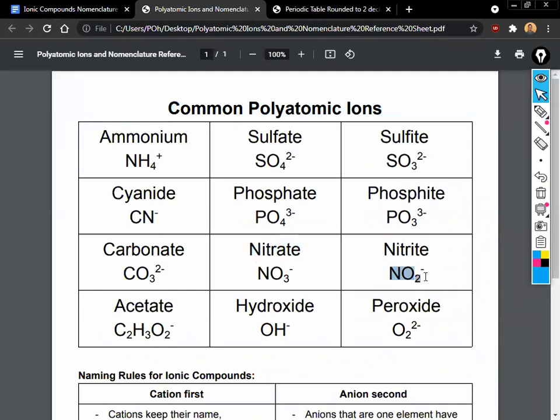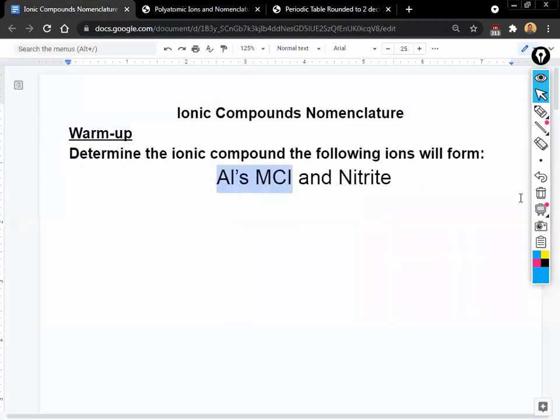Nitrite is NO2, and the charge on nitrite is -1. So nitrite is NO2 -1. Copy it down exactly the way it's written on the chart. You don't want to change anything. These polyatomics come as package deals. You can't mess around with them. They just come the way they are.